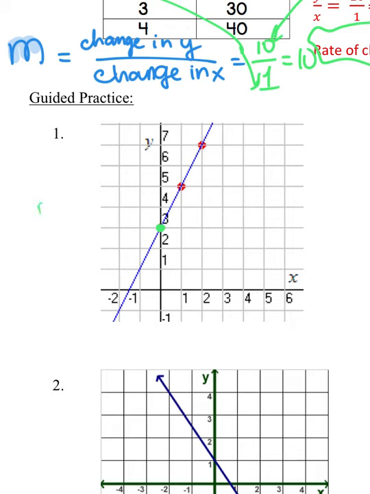So this graph right here is non-proportional. If it is proportional, it will start at 0, 0, at the origin. Or if the line starts at this point, it is proportional. But it starts at 3, so it is non-proportional.